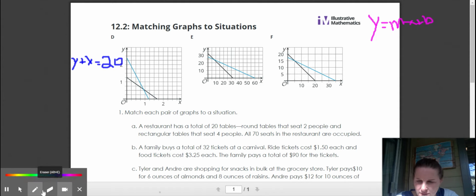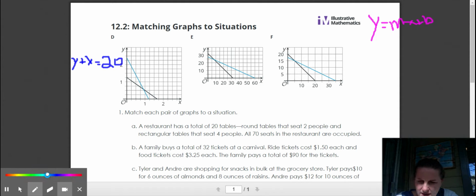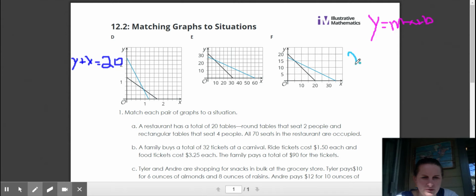And we also had 2x plus 4y equaled a total of 70 seats.